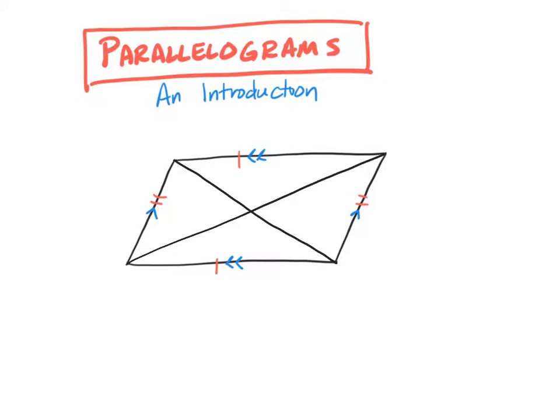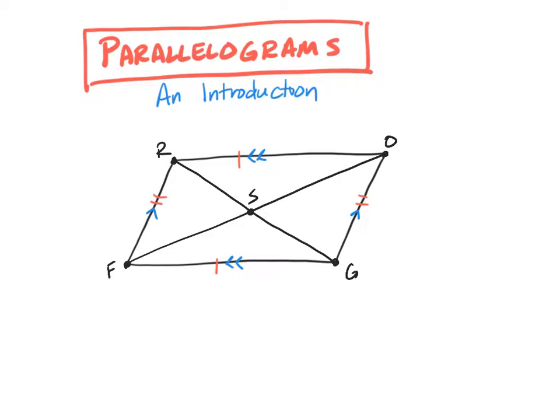I need 5 vertex names here. F, R, O, G, and S is in the middle.